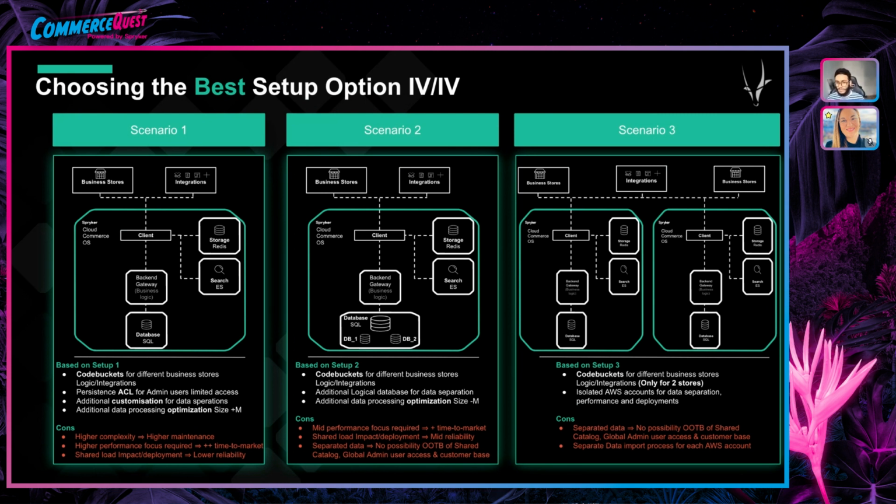The cons would be that you would have a higher complexity because you have all the stores together. You have the additional customization to separate the data for France on the entity level, on the persistent ACL level. And you also have these additional data processing optimizations that you need to apply. So higher complexity would by default lead to a higher maintenance in this case, higher performance focus required.